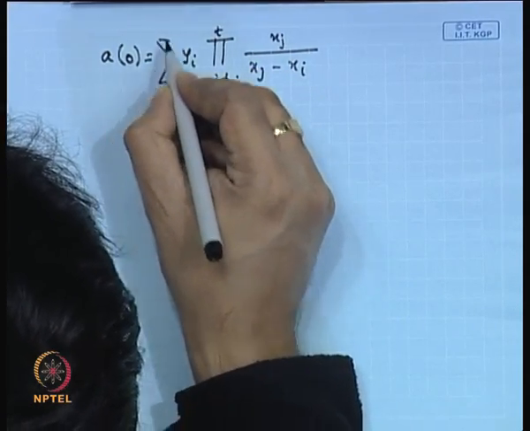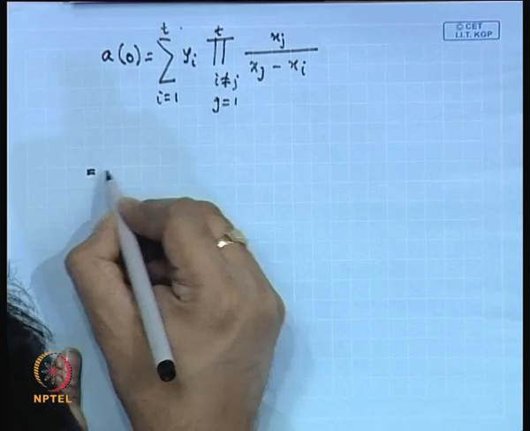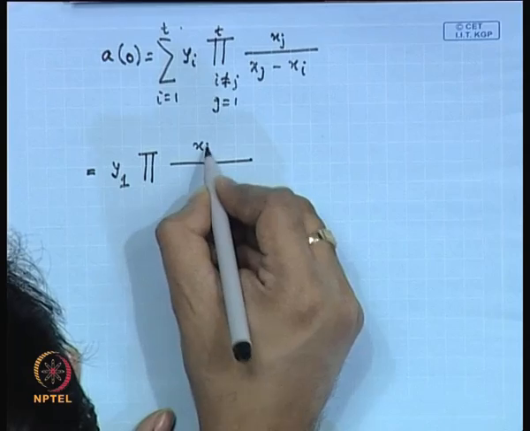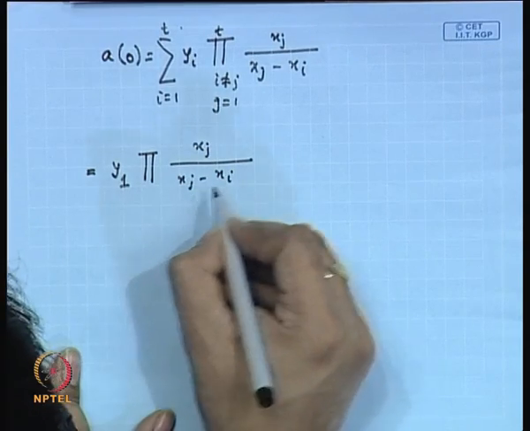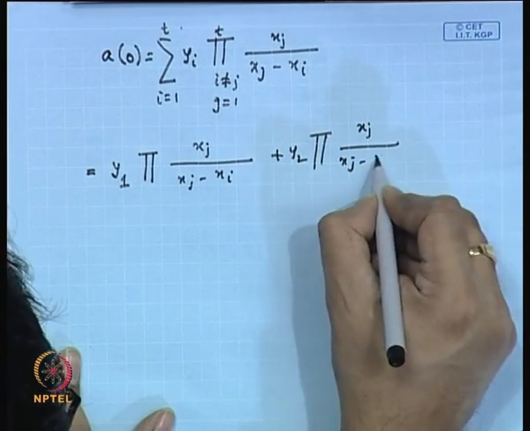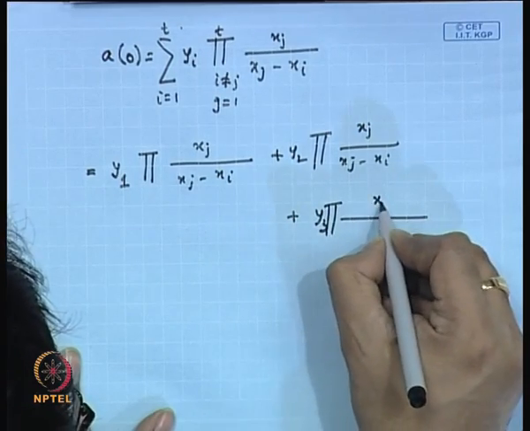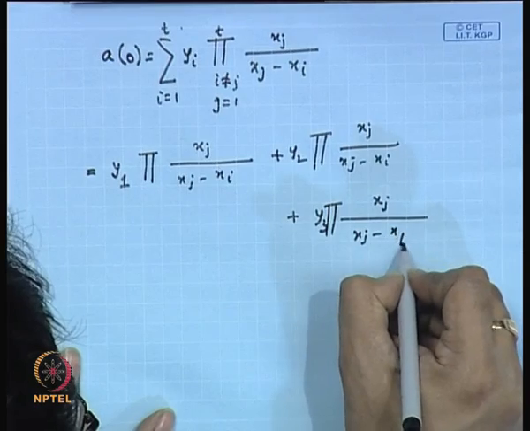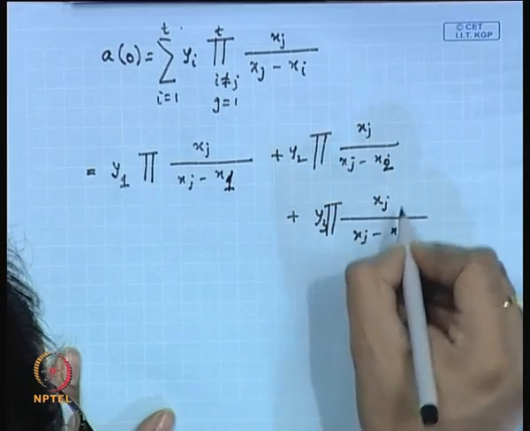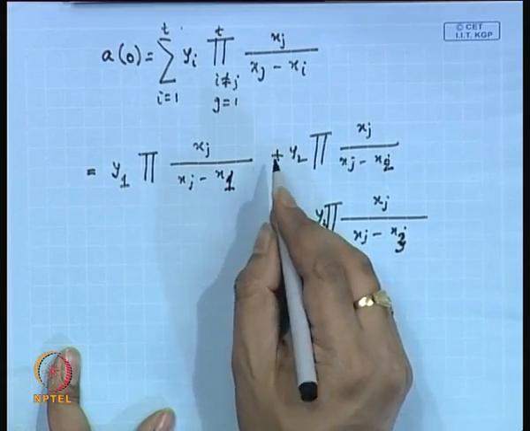In our case t is equal to 3, so it is y1 times the product of xj divided by xj minus xi, plus y2 times again this product, plus y3 times again this product. Note that here i is 1, 2 and 3 for x1, x2 and x3, and j is not equal to i.